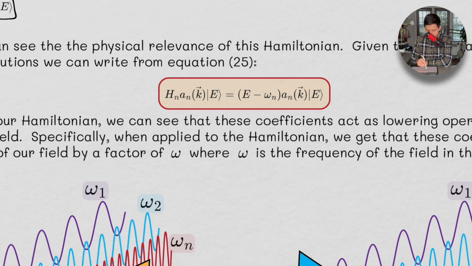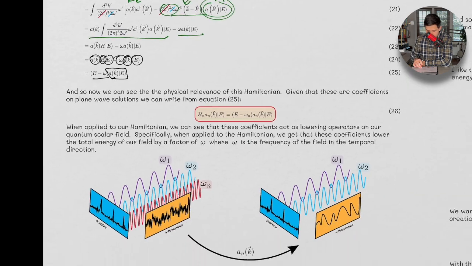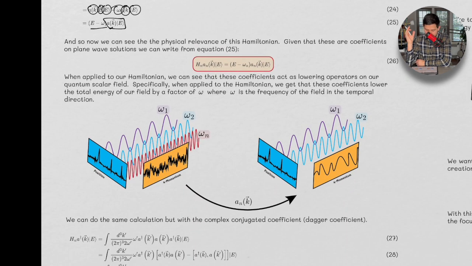So Hn, this is our Hamiltonian operator. Its eigenvalues for this state are the total energy minus the frequency on the temporal dimension of a particular wave. Okay? So we can understand this pictorially.